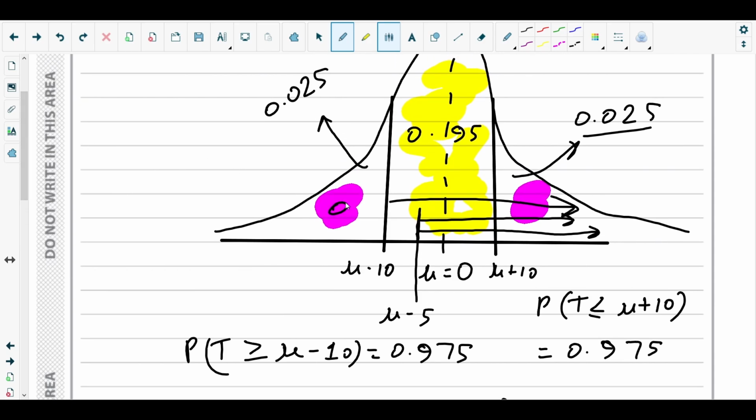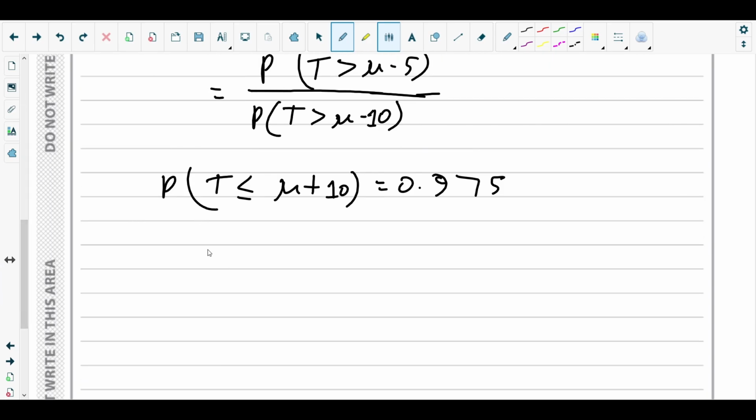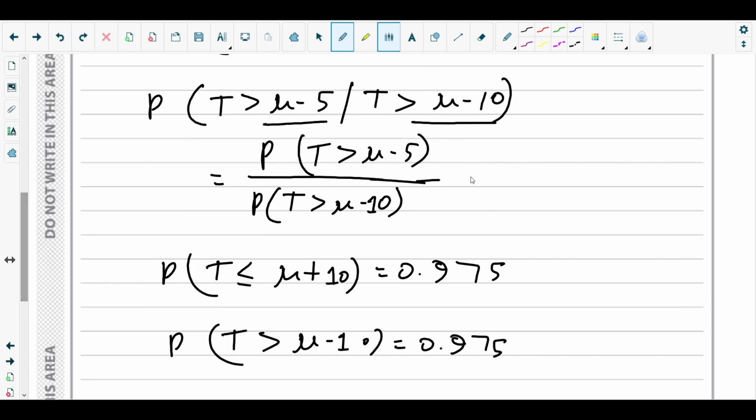From 1, if you subtract this part, you will get 0.975. So we got the value for the denominator, that is 0.975.